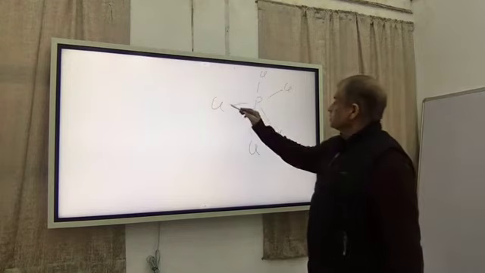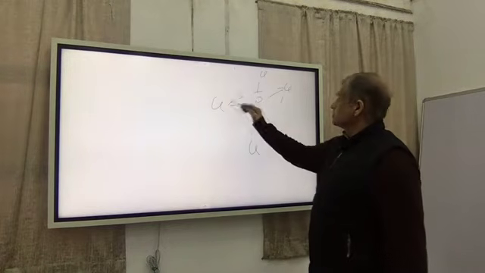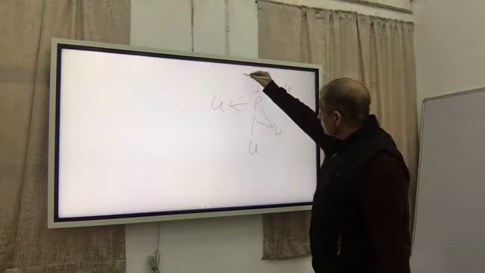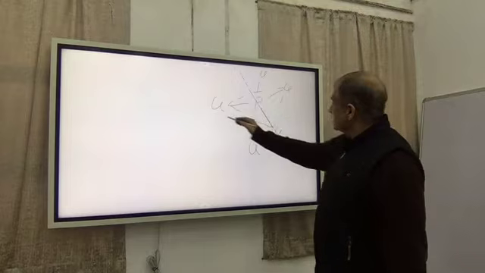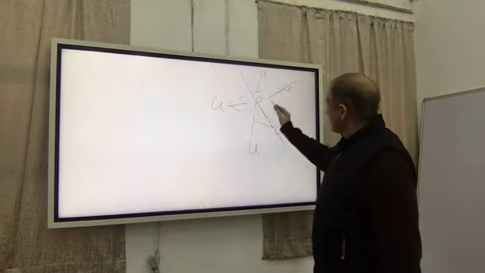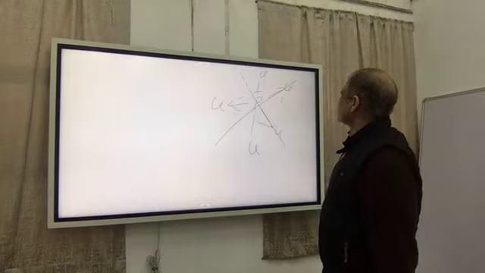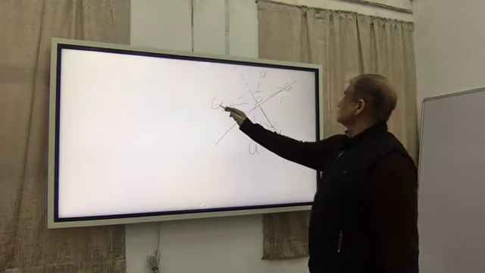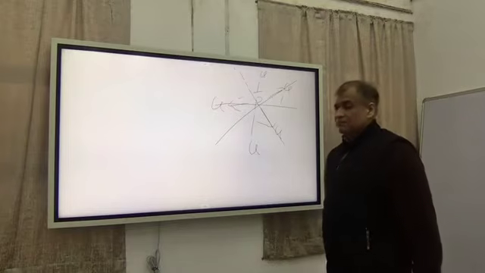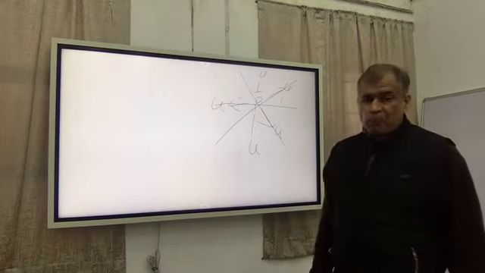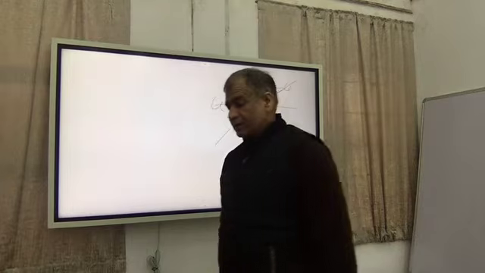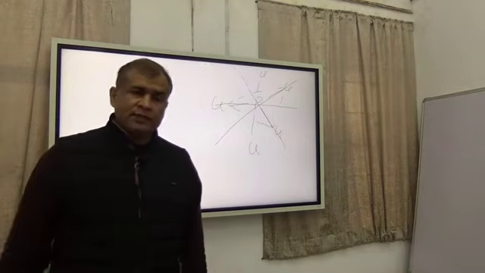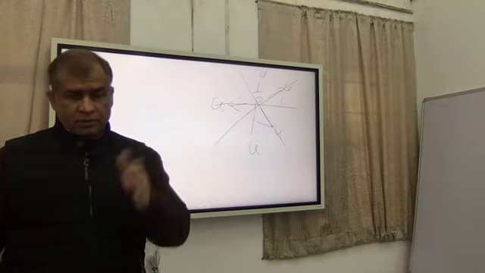Means this is 1 sigma h in it and 3 sigma verticals along the 3 PCl bonds. This one. So 1 sigma horizontal and 3 sigma verticals along the 3 PCl bonds.